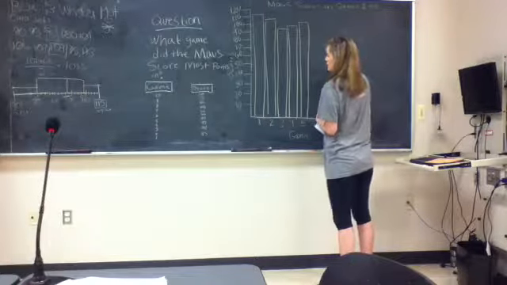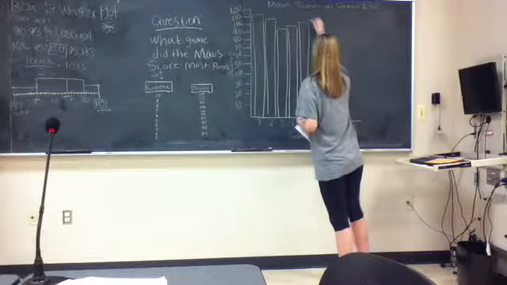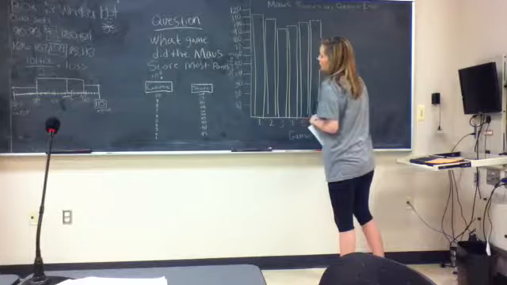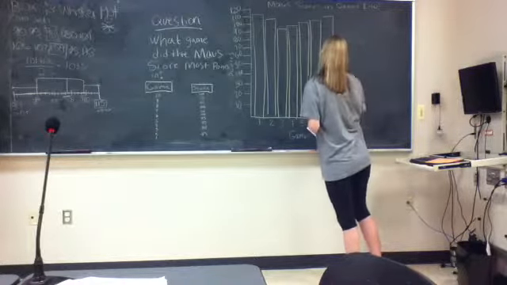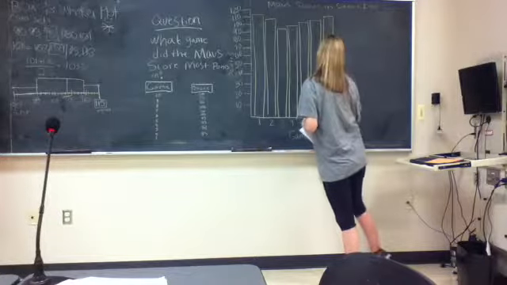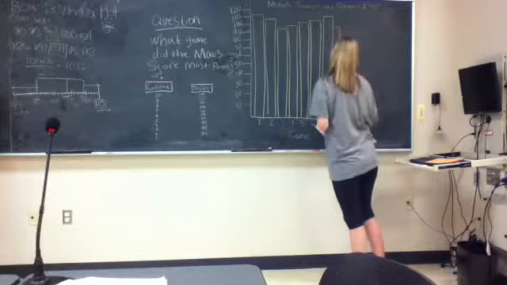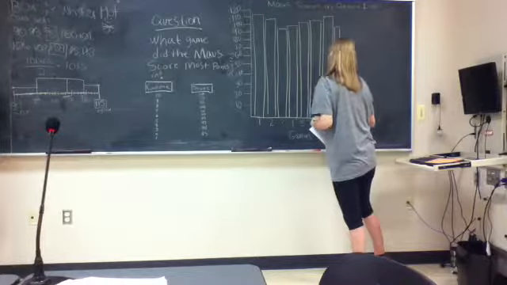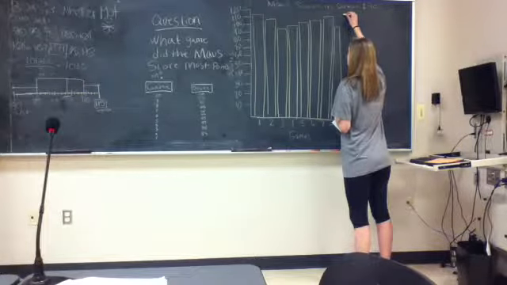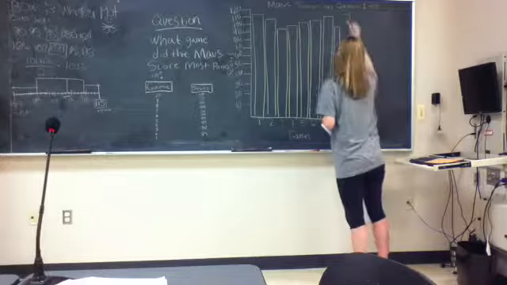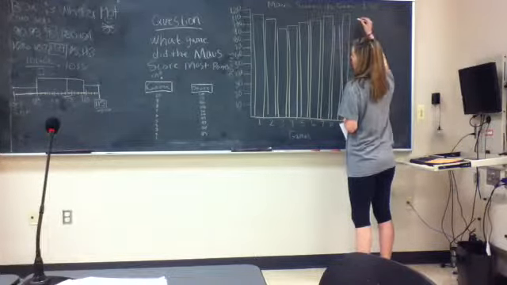In game 6, they scored 101 points. In game 7, they scored 106 points. In game 8, they scored 90 points. In game 9, they scored 113 points. And in game 10, they scored 109 points.